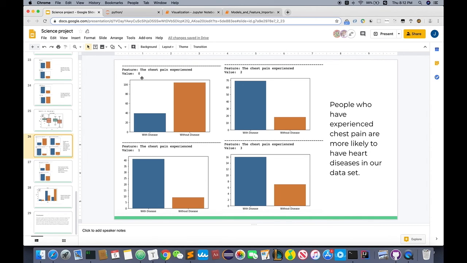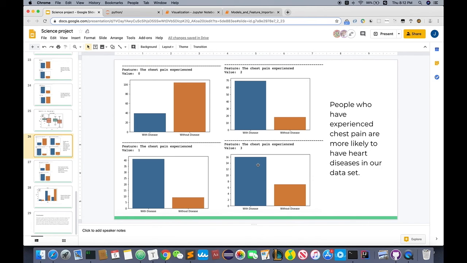If the value is 0, it means the person hasn't experienced chest pain or has only experienced a little bit of chest pain. But if the value is 1, 2, 3, then the person has experienced some obvious chest pain.